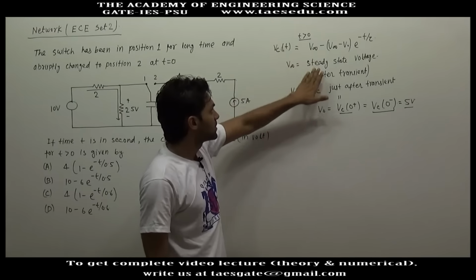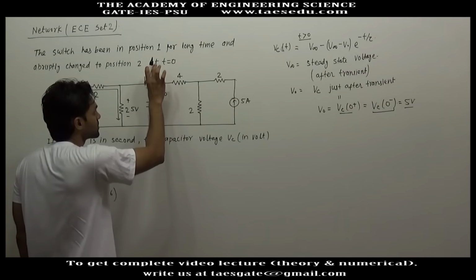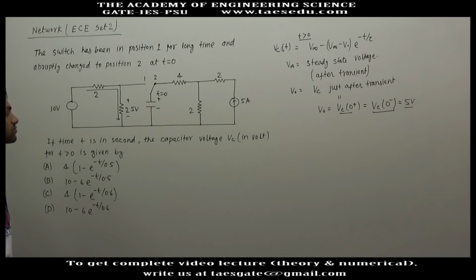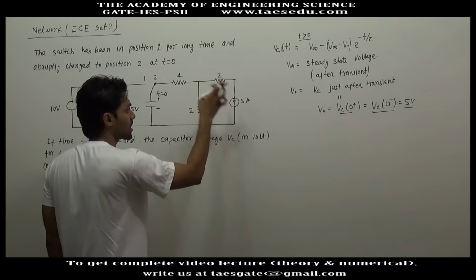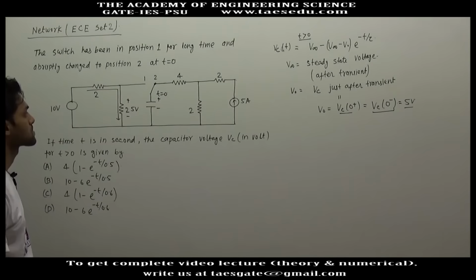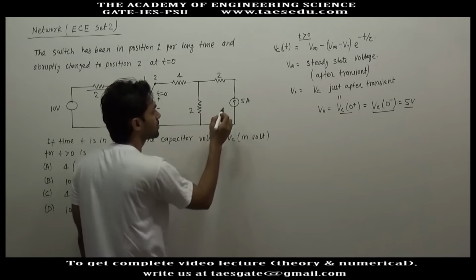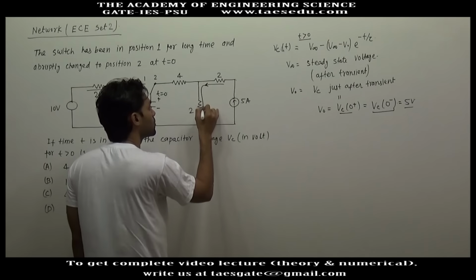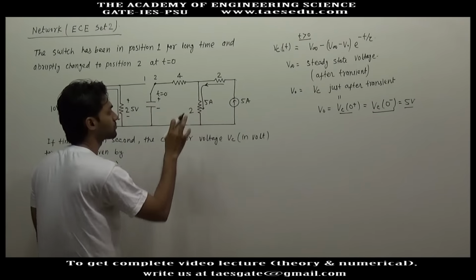V infinity is the steady state capacitor voltage after transient. So after transient, the switch is connected to this position. Now in this state we have to find the steady state capacitor voltage, and that will be V infinity. Again, in a steady state there will be no current through this capacitor, so this 5 ampere will flow through the 2 ohm resistance, and the whole 5 ampere current will again come to this 2 ohm resistance.